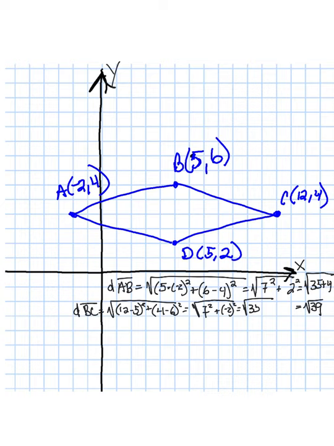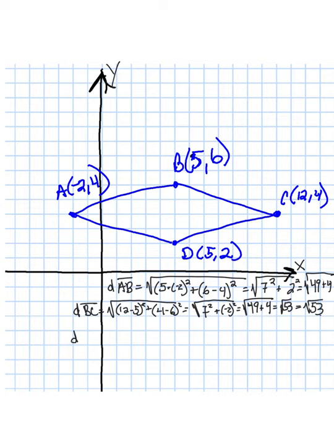I don't know why I made that mistake, but let me correct that. So again, this would be 49 plus 4, which is the square root of 53. And then here you get 49, and still negative 2 squared gives us positive 4, so you still get the square root of 53.